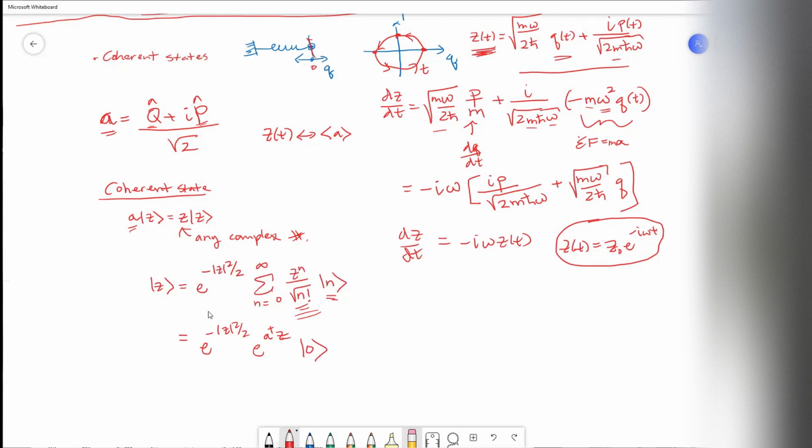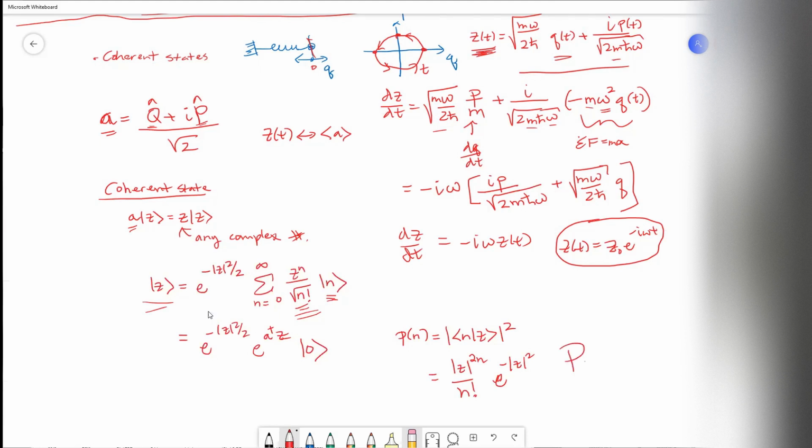And you can ask, what's the probability, if you're in one of these eigenstates, of measuring a particular energy level n, which of course is the following inner product squared. If you dot this into n, you'll pick out the one term in the sum, and then you square this whole thing, take the magnitude squared, and you get magnitude of z raised to the 2n power over n factorial, e to the minus magnitude of z squared.